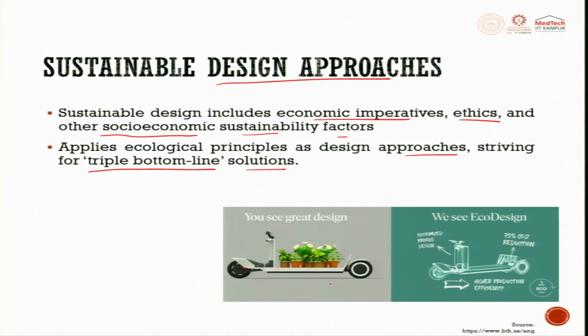Once a customer sees a product as a great design, color and so on, and an engineer sees it as a customized profile design, the handle is customized so it could be adjusted up and down, then a sustainable engineer thinks that it has to have high production efficiency, and a reduction in the carbon footprint, because it is not using any fuel, it is an electric vehicle.